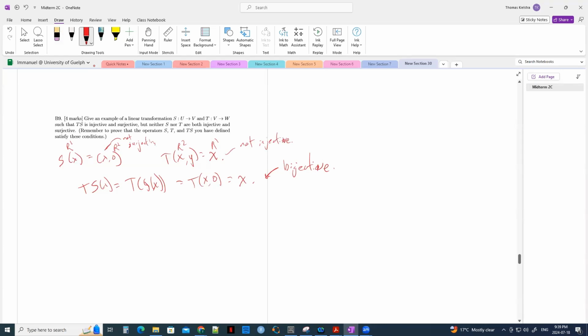So T and S are both not bijective, but TS is bijective, satisfying the conditions that we have. If you were to put this on an exam, though, you would need to show that these are linear transformations. You would need to show that one is not injective, one is not surjective. And you need to show that the composition is a linear transformation that is both injective and surjective.